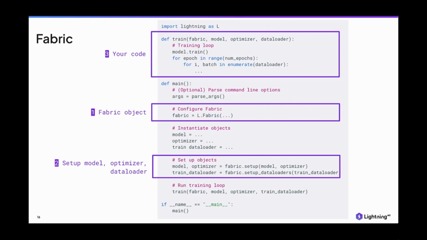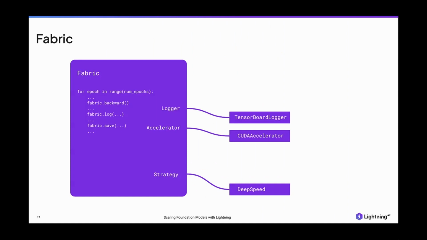For example, if I told Fabric that I want to run my whole code on TPUs, then that's the moment where the model will know about that, essentially. And then I can just run the training loop, and this is written by me. So I have the for loops, I have everything just like in raw PyTorch code. It's usually a 5 to 10 line change to turn raw PyTorch code into Fabric.